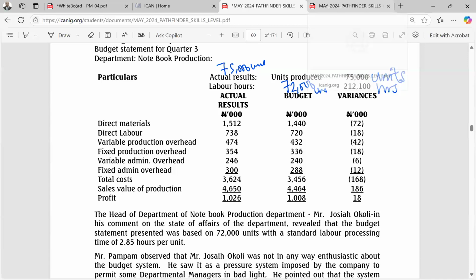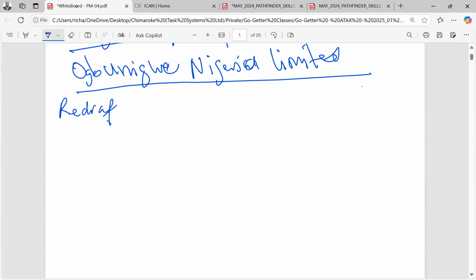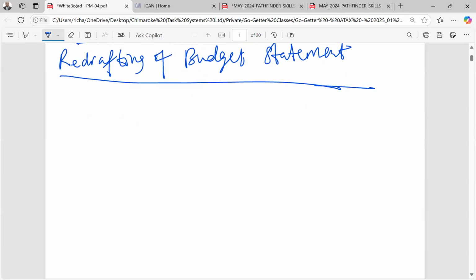So what we'll do now is we will say redrafting of budget statement. So we'll get certain things here. This is going to be the variance.